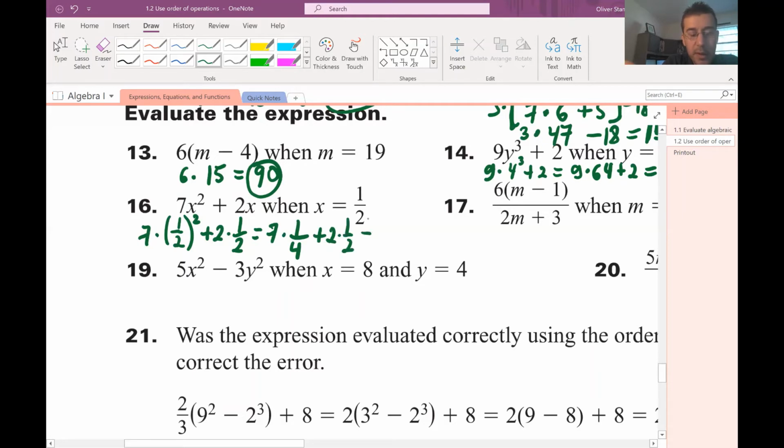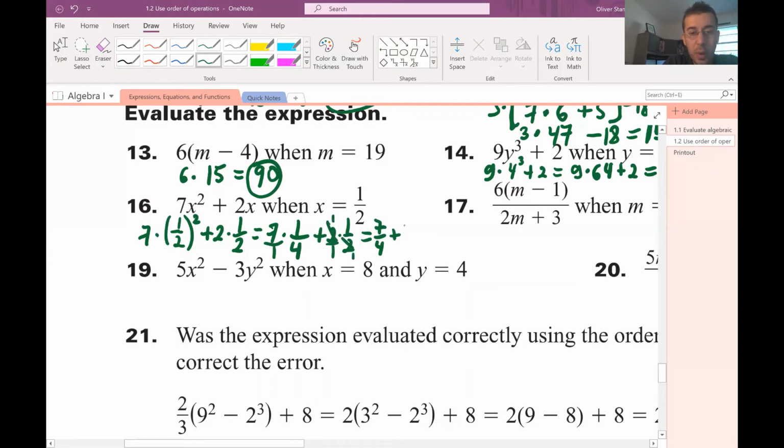Okay. Next is multiplication. So 7 times 1/4. We can imagine 7 is the same as 7 over 1. And then we multiply numerator with numerator, denominator with denominator. So 7 times 1 is 7, over 1 times 4 is 4. And then we do the next multiplication, 2 times 1/2, or 2 can be written as 2 over 1. 2 and 2 cancel out.